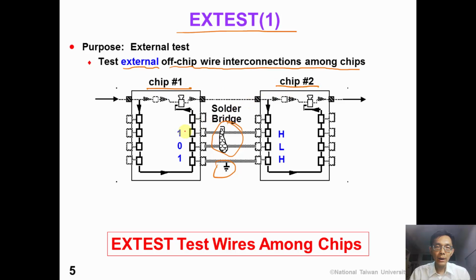We can apply a 101 at the output boundary scan register, and then we can capture the response from the input boundary scan register of chip number 2. In this way, we can test the interconnects between two chips. So the purpose of Xtest is to test the external wires among chips.